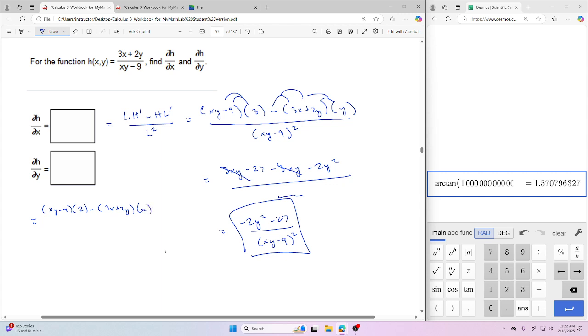Very good, x. Combine like terms, etc. I think this time I'm also going to cancel the xy thing. So 2xy, 18, 3x squared, 2xy. Cancel. Cool.